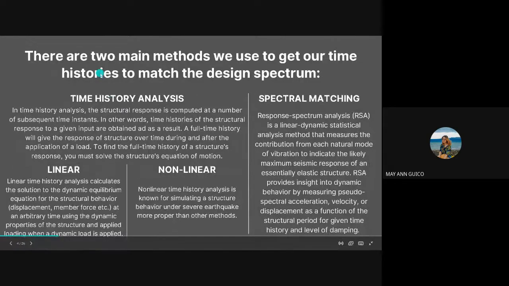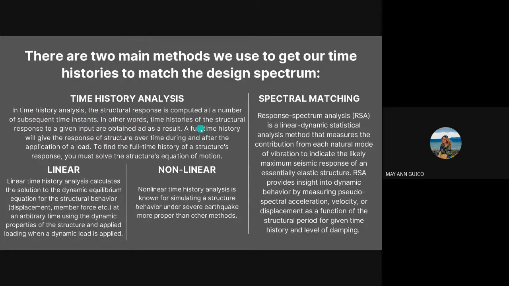And there are two main methods po to get our time histories para po makakuha natin yung desired design spectrum. And we have time history analysis and spectrum matching. Time history analysis. In time history analysis, the structural response is computed at a number of subsequent time instants.